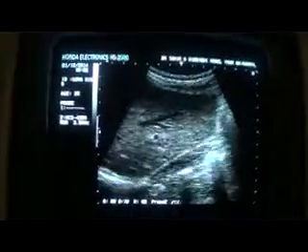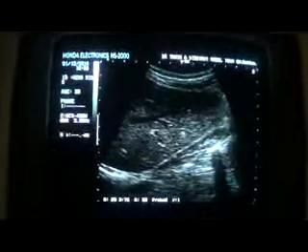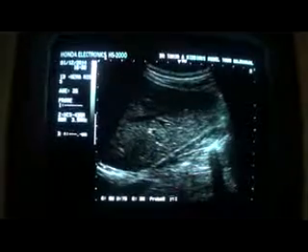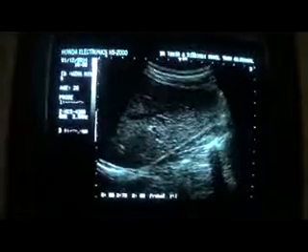Straight away you will see the iliopsoas muscle. This is the liver. This is the right diaphragm. This is the iliopsoas muscle, and the right kidney is absent from the right lumbar location.